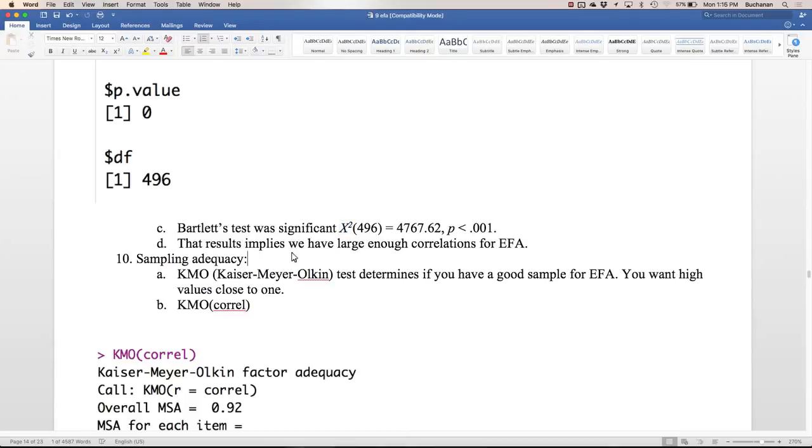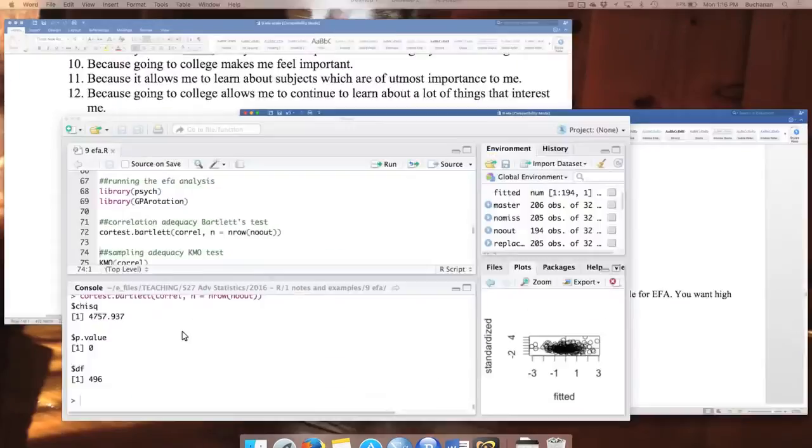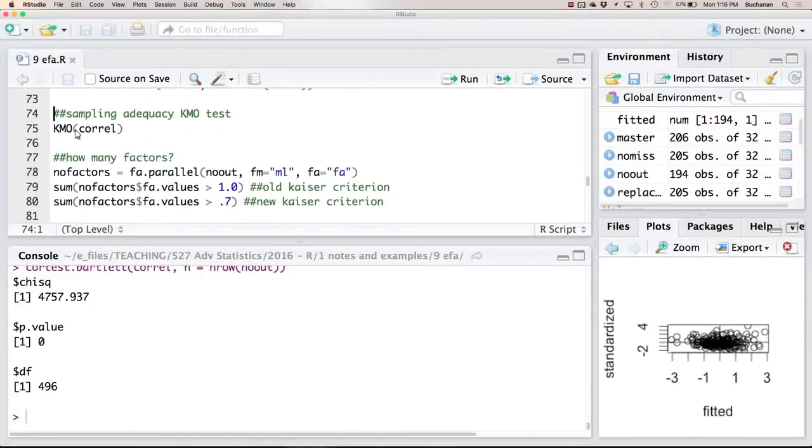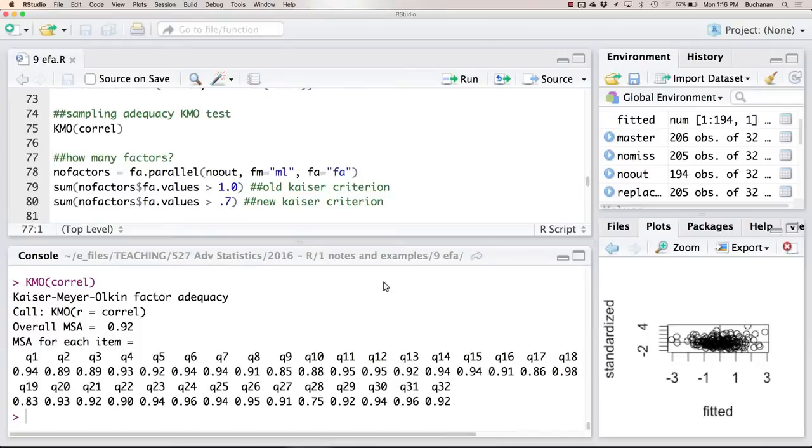Now, sampling-wise, do I have a good sample for this? And that is just KMO. These are thankfully easy. Of our correlation table, what it does for each question is tell you the sampling adequacy for each question, which is looking at the spread and the range of the data. But generally, people report the overall MSA, measure of sampling adequacy, as 0.92.